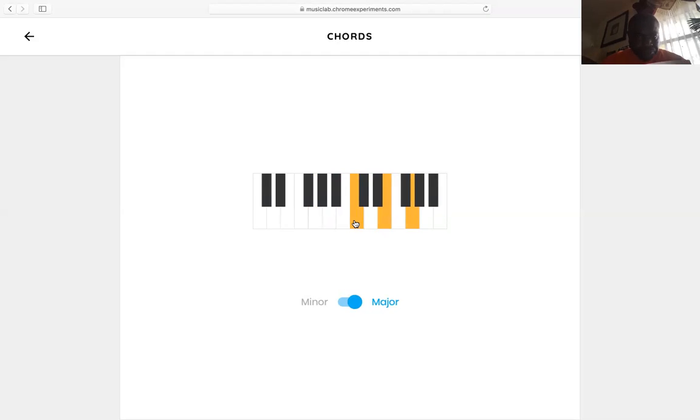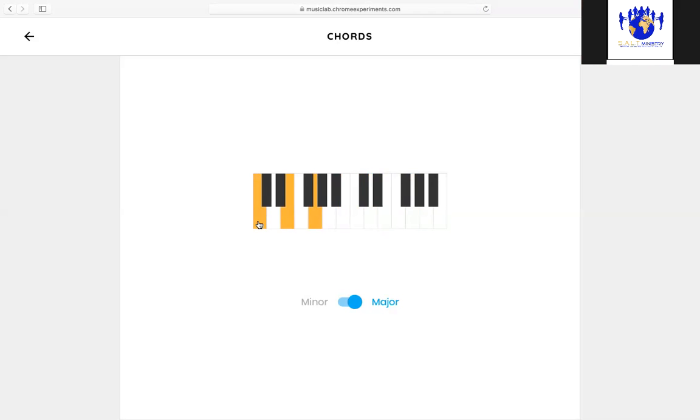So if we're looking at the C scale once again, and I say, okay, we play a C chord. The rhythm that we did once we was in the class was to play a C chord, an F major chord, and a G major chord.